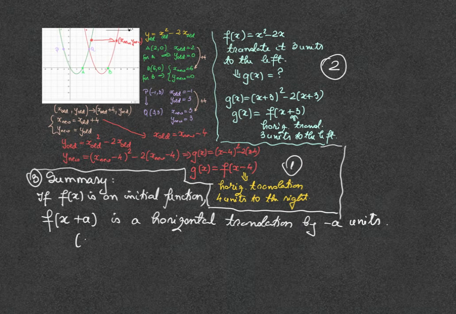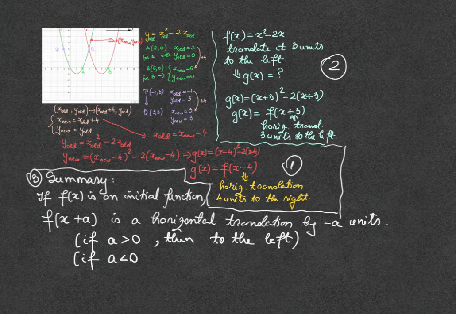Meaning that if a is bigger than 0, then it's a translation to the left. If a is smaller than 0, then it's a horizontal translation to the right by a units.